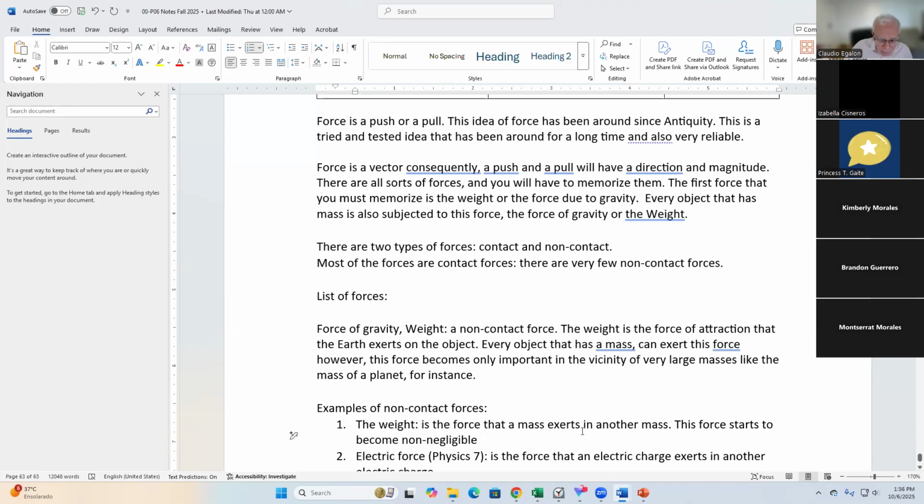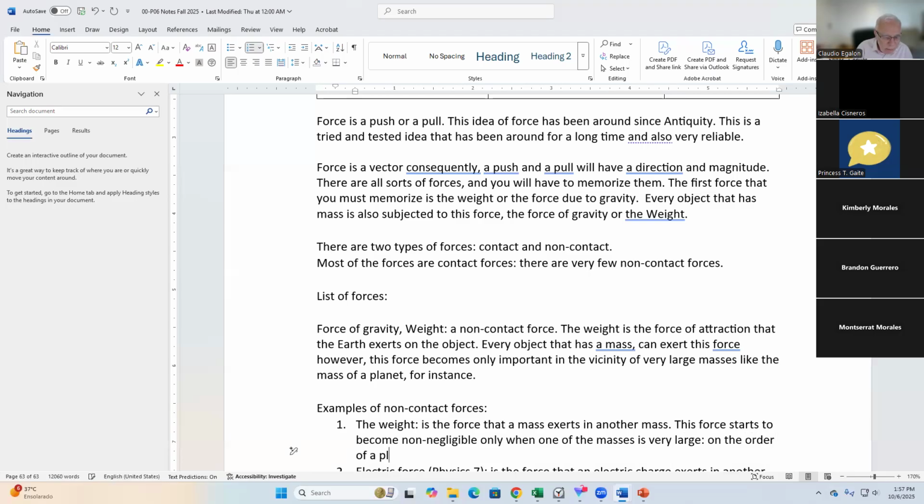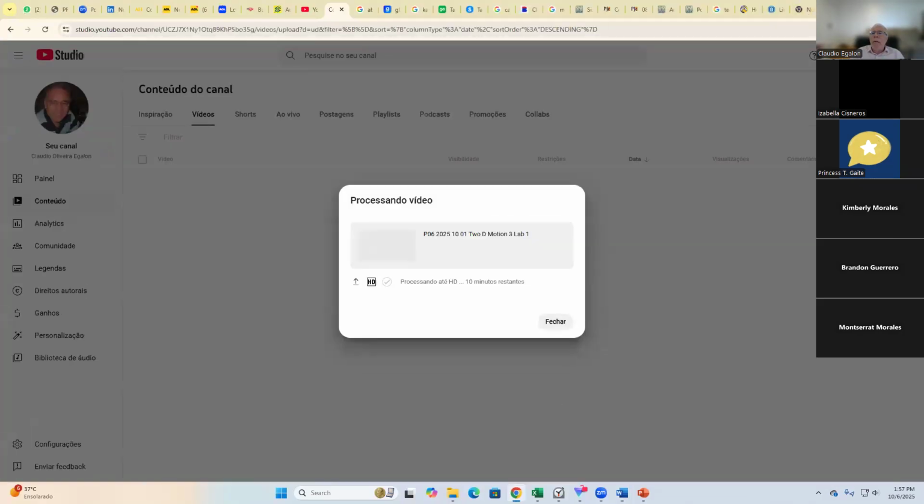Okay, the weight is the force that a mass exerts on another mass. These forces start to become non-negligible only when one of the masses is very large, on the order of a planet, on the planetary scale at least. Let's take a look at the moon, for instance.